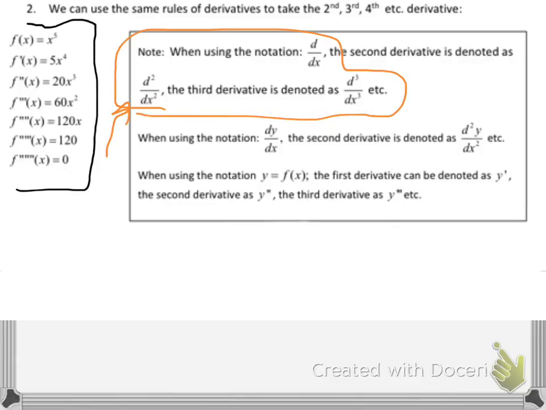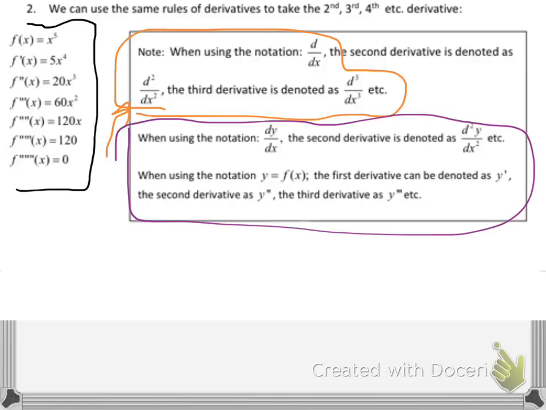And the third type of notation that we would use to take multiple derivatives is going to be the notation in the bottom of the box. Right here, if I want you to take the second derivative and I'm using dy dx, I would tell you that I'm having you give me the answer and you present it as d squared y dx squared.